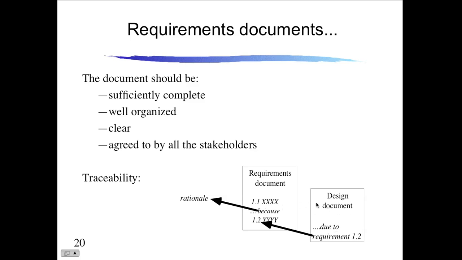Due to that requirement, we've done this. We can actually number them correspondingly. So we have the requirement 1.2, which goes with 1.2 here. We can use numbering to do that. Or we could actually specifically refer to the requirements numbers in new numberings. So the numbers aren't the same, but the flow of the document indicates which requirement we've implemented.